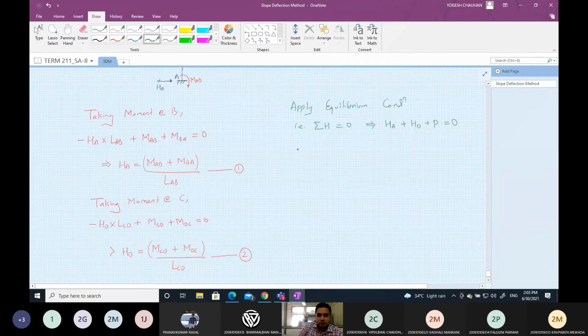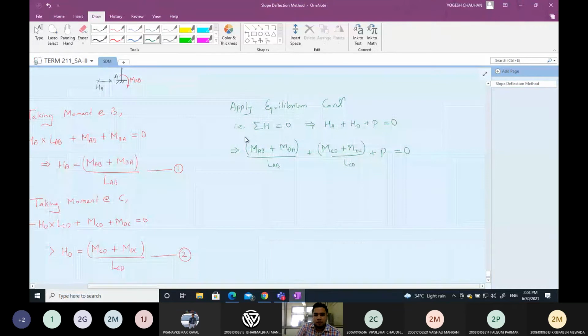So you can have an additional condition which will be MAB plus MBA divided by LAB plus MCD plus MDC by LCD plus P equal to 0.